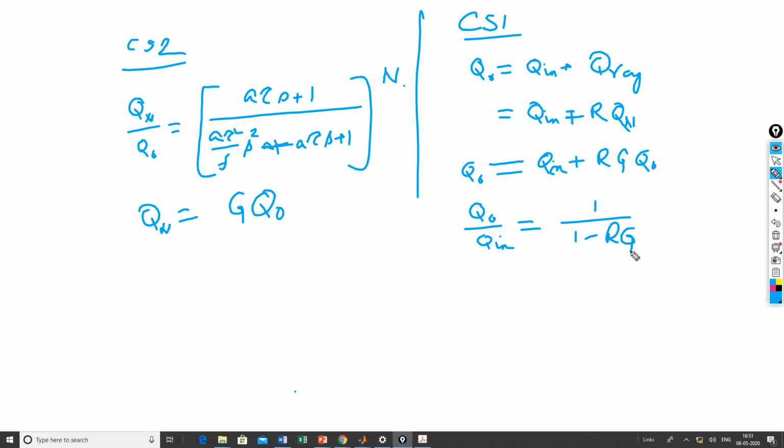Substitute this into this, and then what we get is Qn by Qin is equal to G over 1 minus RG.